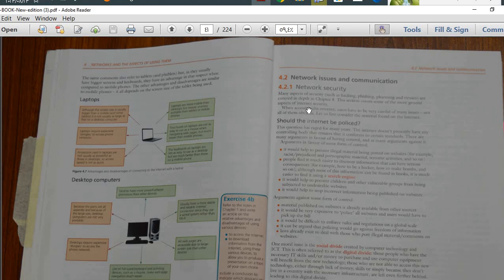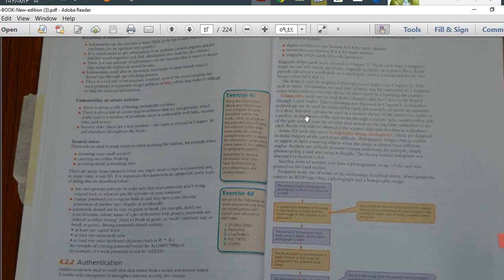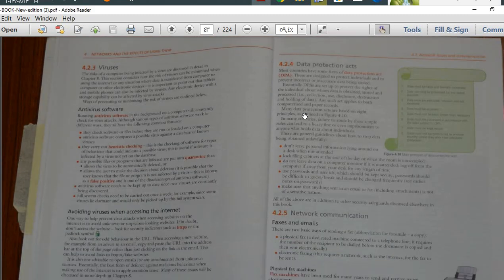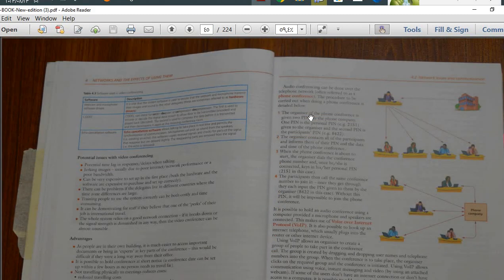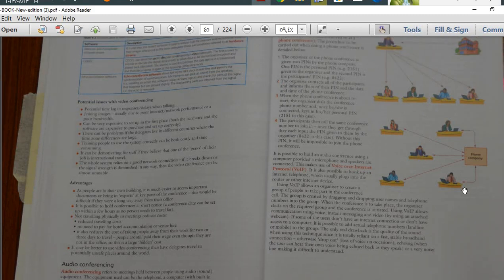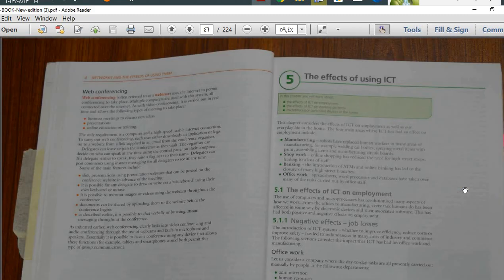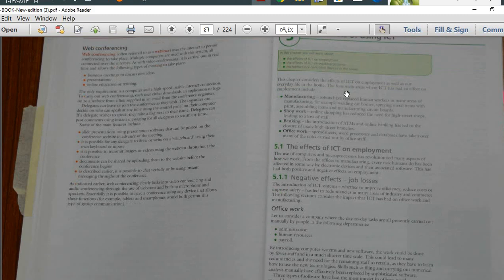How networks communicate with each other, like this, and how people communicate with each other by using networks, devices, and the net.